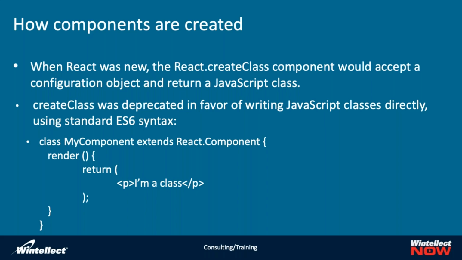This createClass method was deprecated in favor of using JavaScript classes directly using standard ES6 syntax, which is why we now have this syntax where we're saying class MyComponent extends React.Component, and then we have a render method that has a return that determines what that component renders.